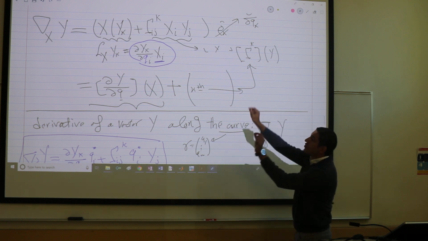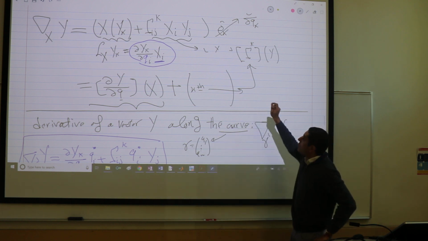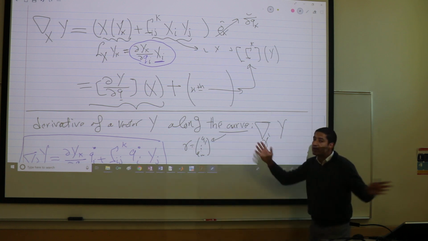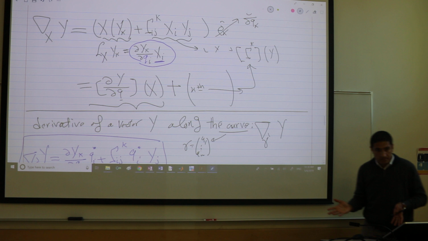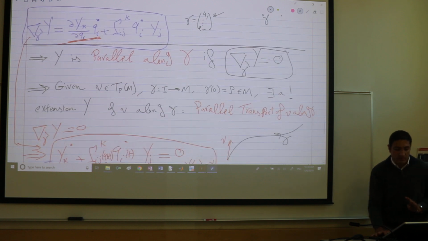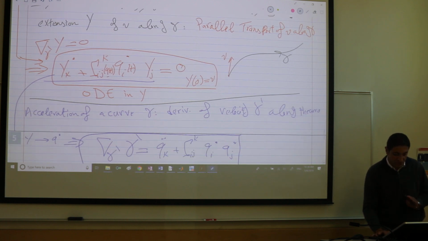Gamma completely determines the covariant derivative. Gamma completely determines this nabla. If I give you gamma, you don't need anything else, correct? Do you see it from the definition, or do you have any question with that? So the Christoffel symbols completely determine the way we do differentiation.